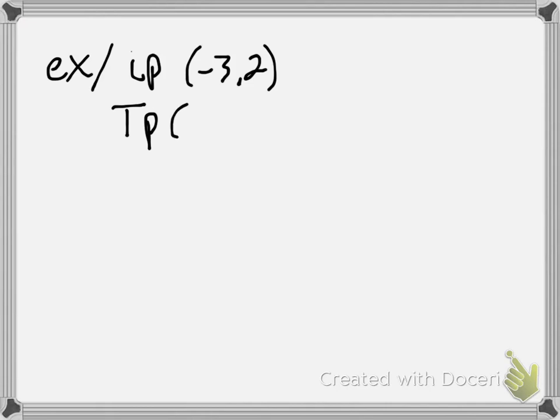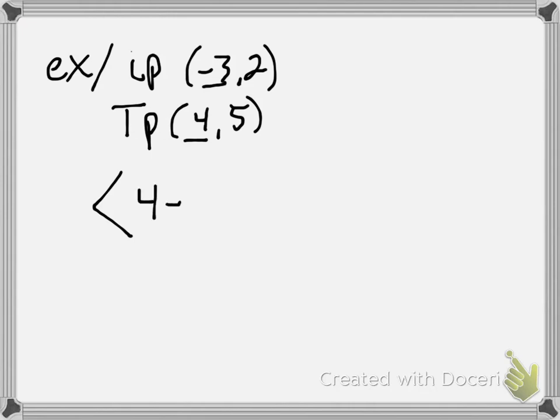So let's say I have one where my initial point is at negative 3, 2, and my terminal point is at 4, 5. Again, what we're going to do is subtract our terminal point x minus our initial point x.